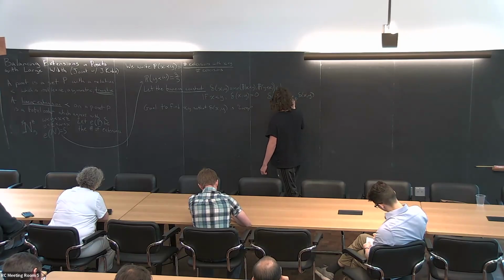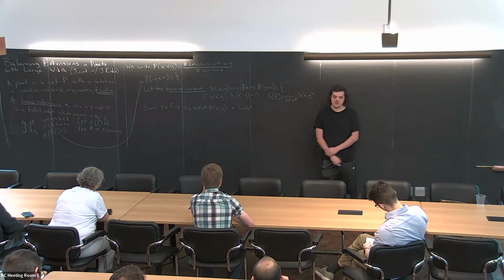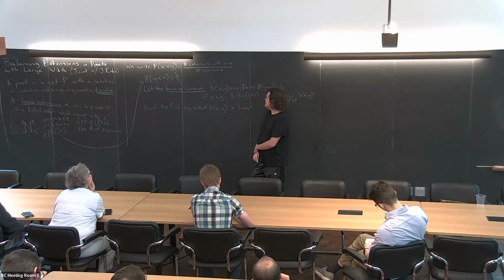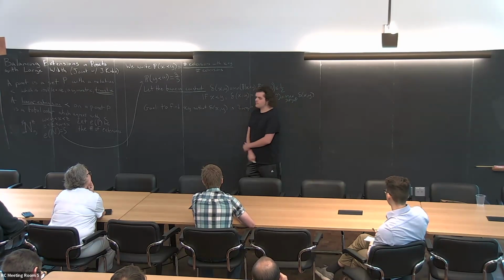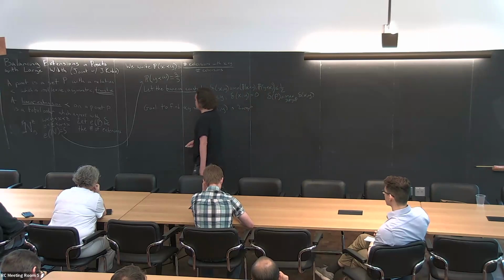So yeah, if P is a chain, delta of P is just 0. But what if you're not a chain? Well, we would hope that we can find some constant lower bound on delta, so that whenever you're not a chain, your delta is at least that large.